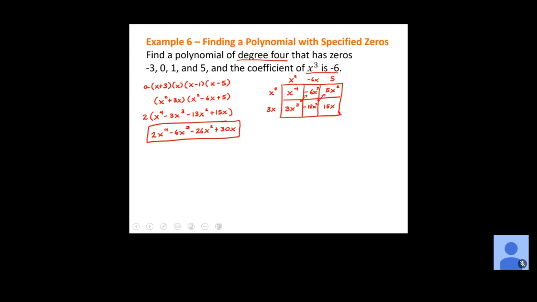Okay, so Callie, the reason we had to multiply by the 2 is because of this piece of information at the end, that the coefficient of x cubed needed to be negative 6. When we first did this, we got a coefficient of x cubed that was negative 3. So we just have to figure out, well, what could we multiply by that would change that negative 3 to a negative 6? That's what told me I needed to multiply everything by 2.